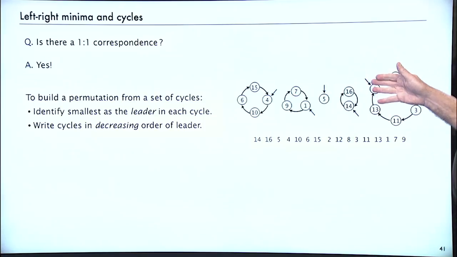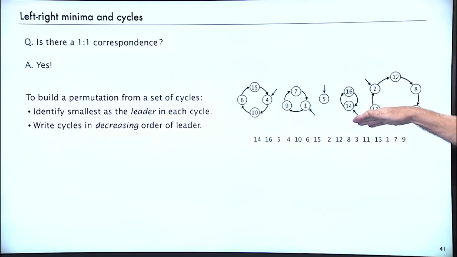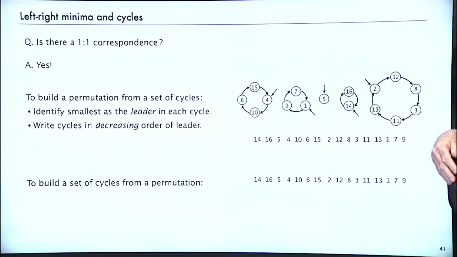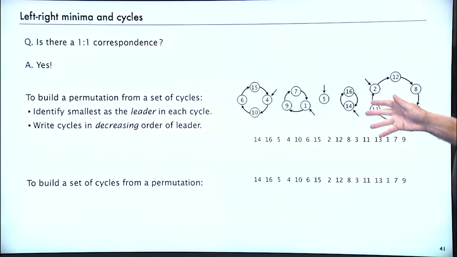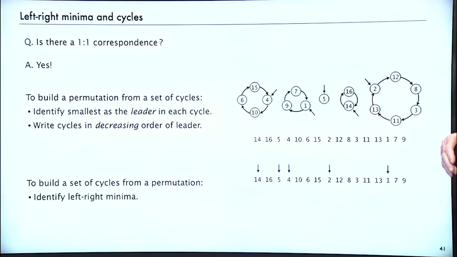And I said it was unique, and that means we can use a corresponding process to get a set of cycles corresponding to any permutation. What's the set of cycles corresponding to this permutation? So we're given the permutation. What we do is identify the left to right minima. Those are the leaders.